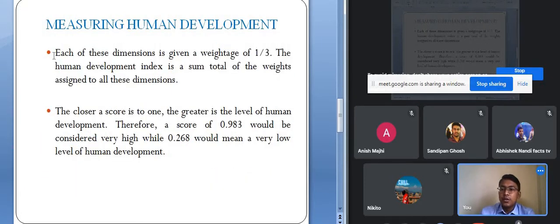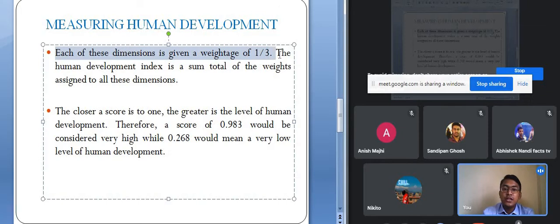So each of these dimensions is given a weightage of 1/3, which means 0.33. Each of these dimensions, that is access to health, access to education, and access to resources, is given a weightage of 1/3, and the human development index is the sum total of the weights assigned to all these dimensions.